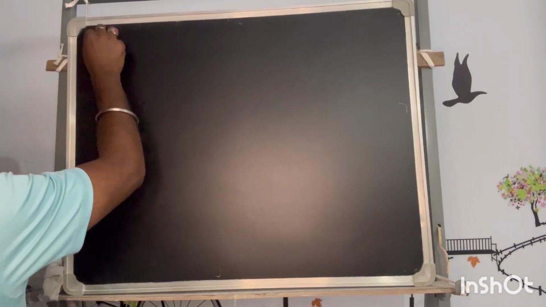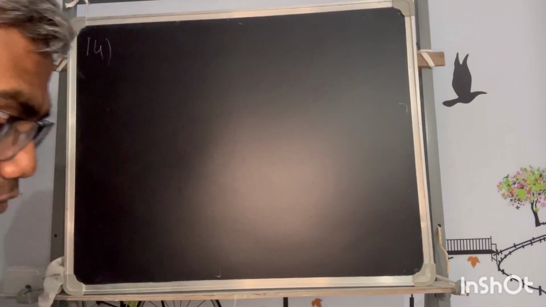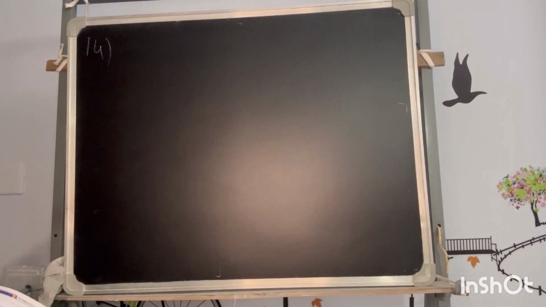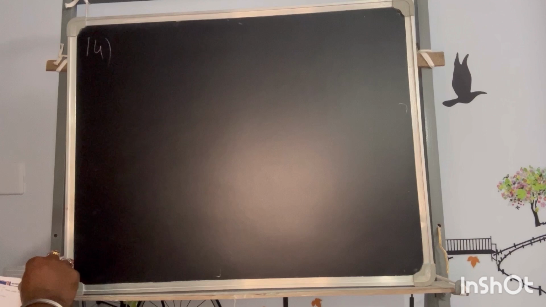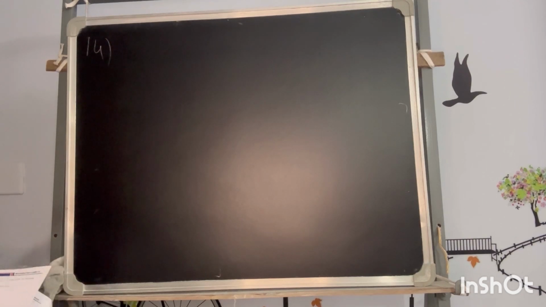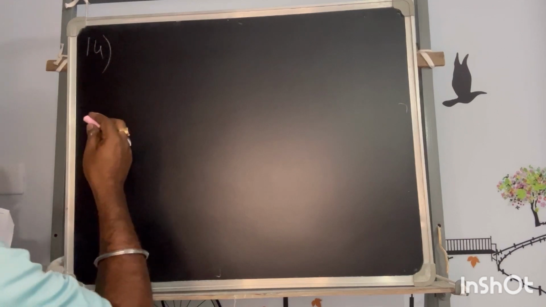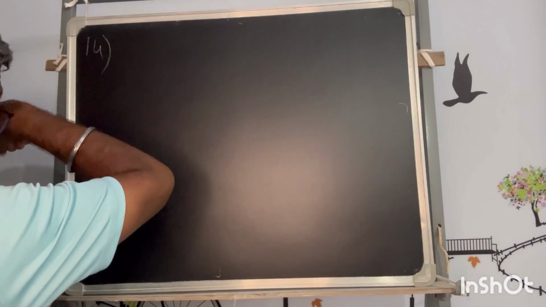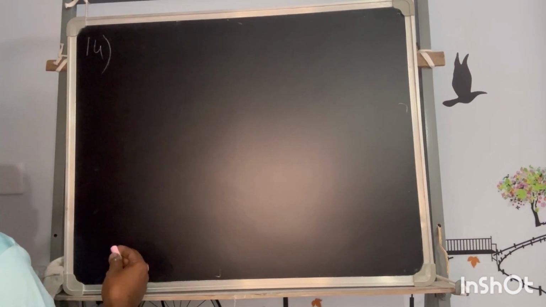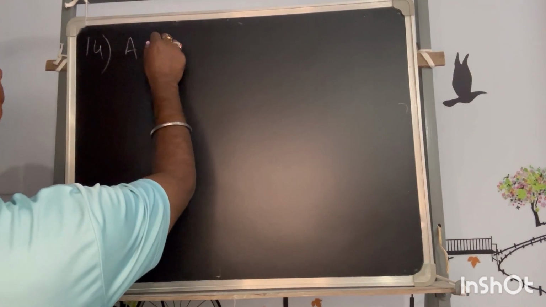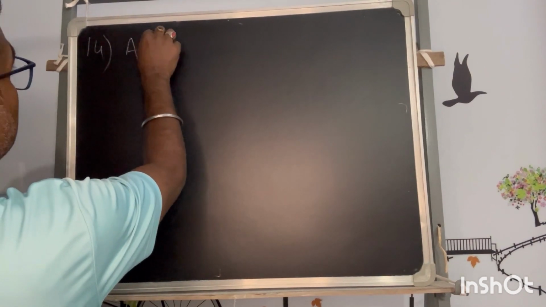So number 14. Earlier we have proved that the multiplication is distributive. Now there is another problem.